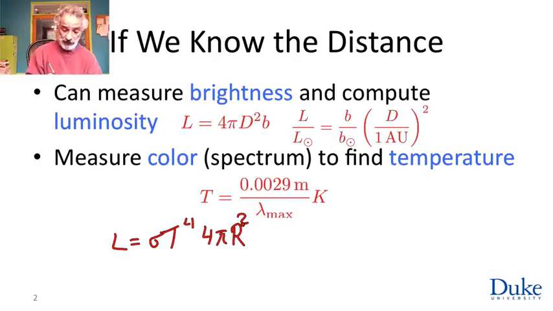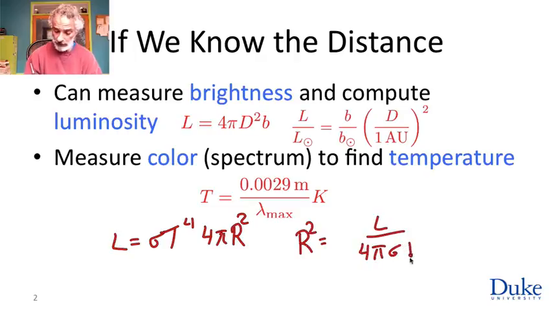And now, if I know T and I know L, I can extract an expression for R. I find that R squared is L over 4 pi sigma T to the fourth, or if I just want R, I simply take the square root of both sides.